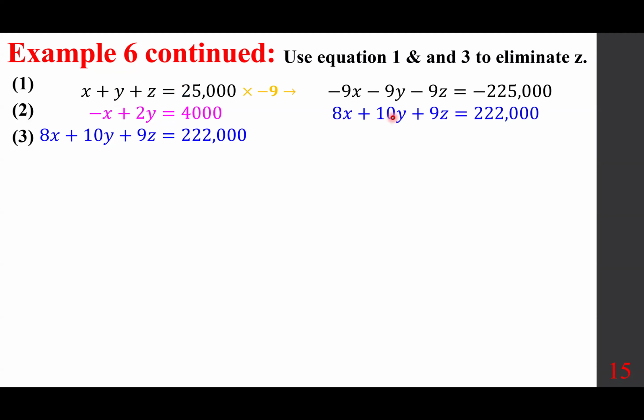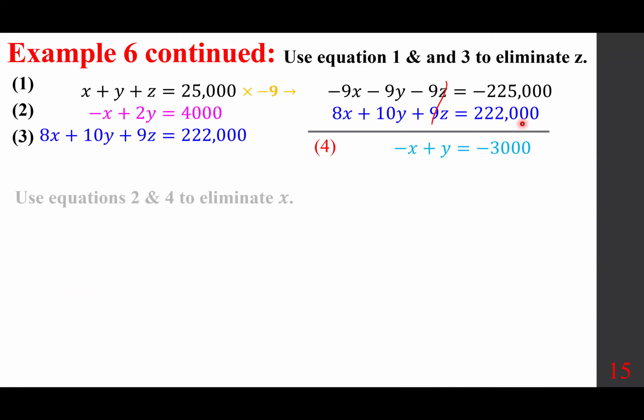And number 3, you just repeat it unchanged. So what happens? These two cancel each other. These two give us minus x plus y equals minus 3,000. And that, we call equation number 4.